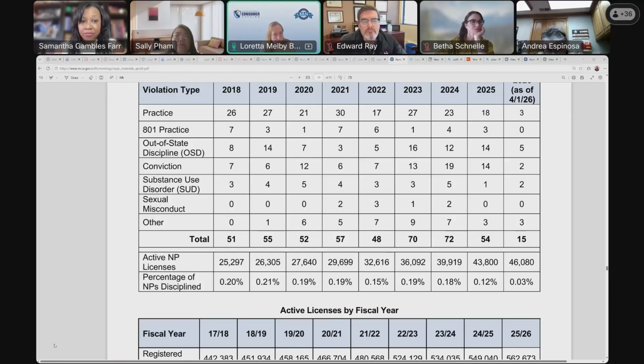Your traditional NP is your NP that works within a licensed healthcare facility and has standardized procedures. Those standardized procedures are developed between the healthcare facility, the APRN or RN that is utilizing them, and a physician, and they must incorporate 11 areas.